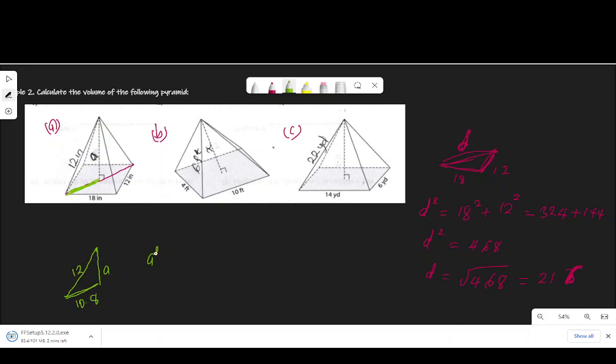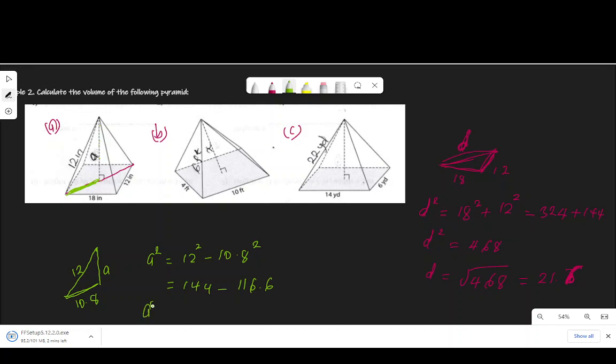So A square is equal to 12 square minus 10.8 square, which is 144 minus 10.8 square. 10.8 square is 116.6 approximately. 144 minus 116.6 is 27.4.